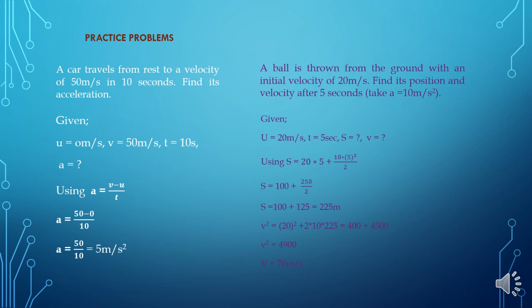This is the position of the object, and this is the final velocity of the object. You're using the third equation of motion for velocity: v squared equals u squared plus 2as, and there you go.